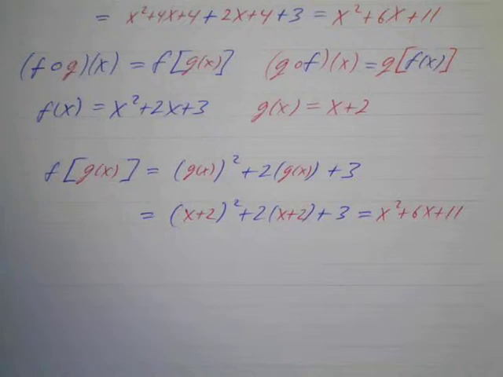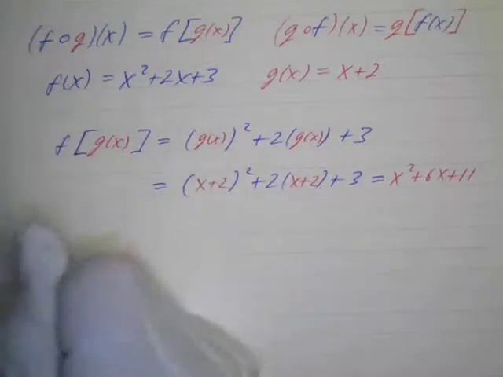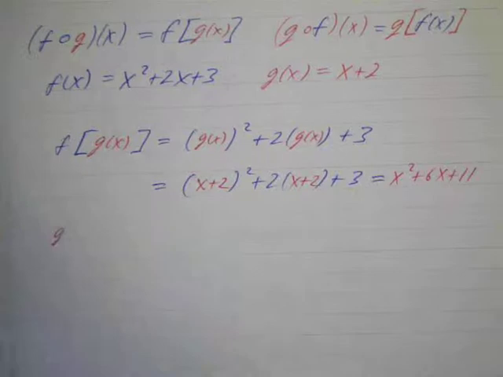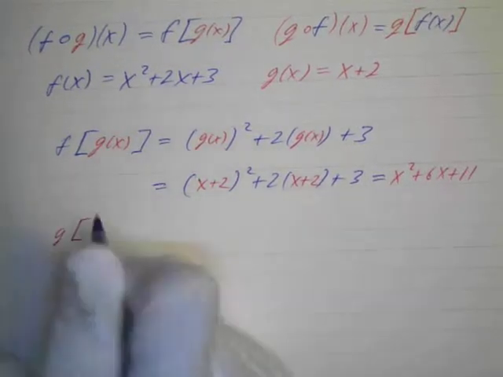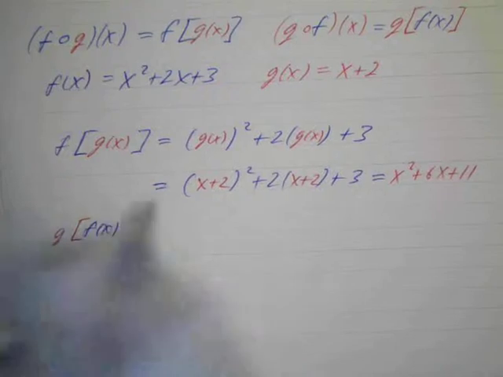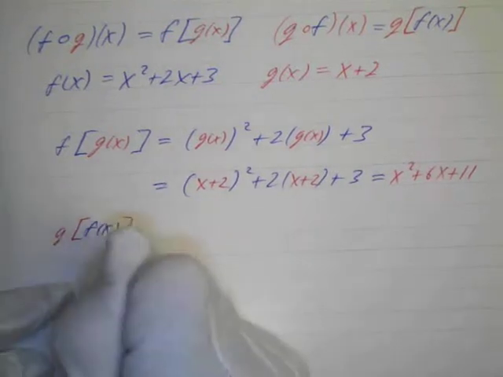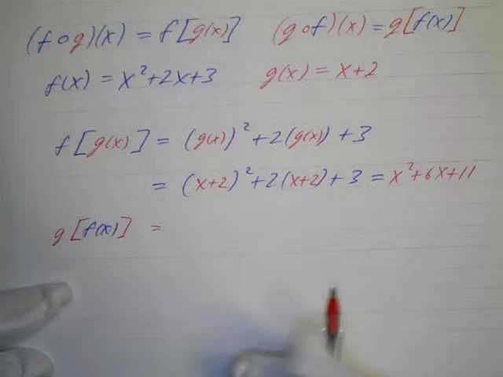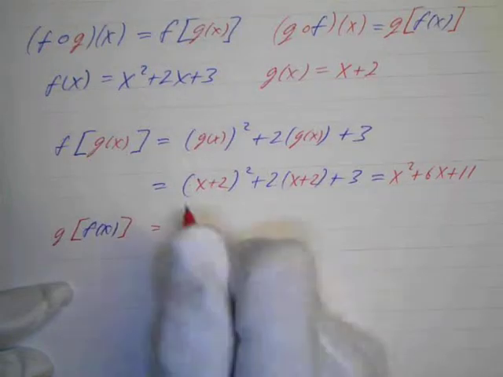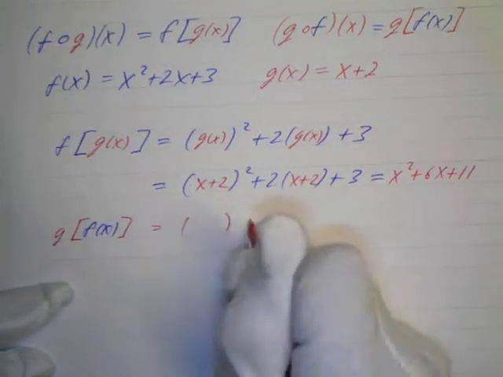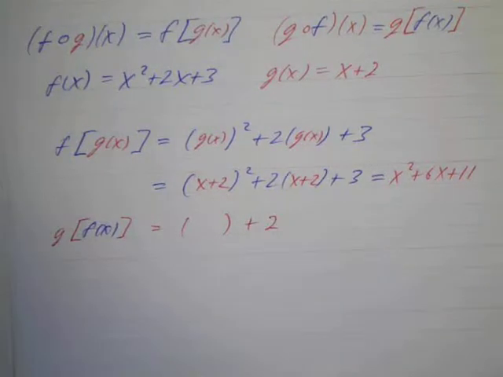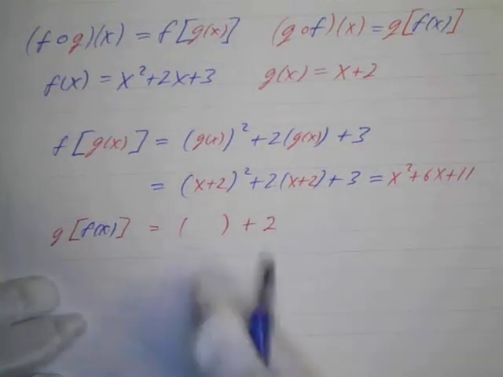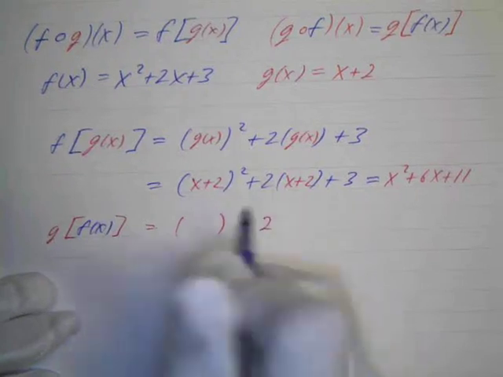Okay, now let's do gof because I didn't do that up here. That's going to be g of f of x. And the g function was a little bit easier. It was just something plus 2. And in this case, what's that something going to be? It's going to be f of x. I'll write that step over here.